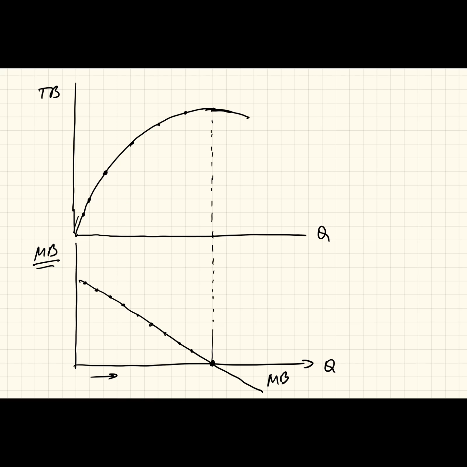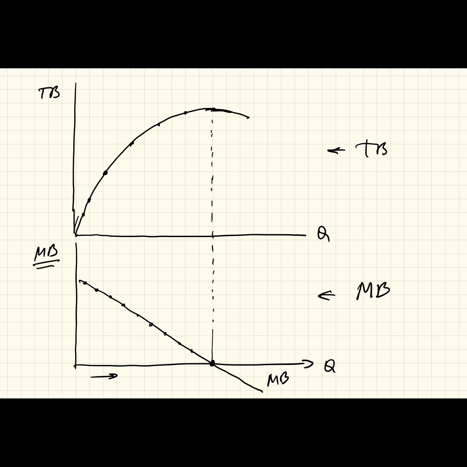So if the next slice of pizza doesn't feel like something you want, it means you're pretty much all set. You better stop eating. Because if you keep eating more, you will push the marginal benefit of the next slice of pizza into the negative zone, if you overeat. And that will reduce your total benefit down from the possible maximum. This is the graphical relationship between marginal benefit on this diagram and total benefit on this diagram.